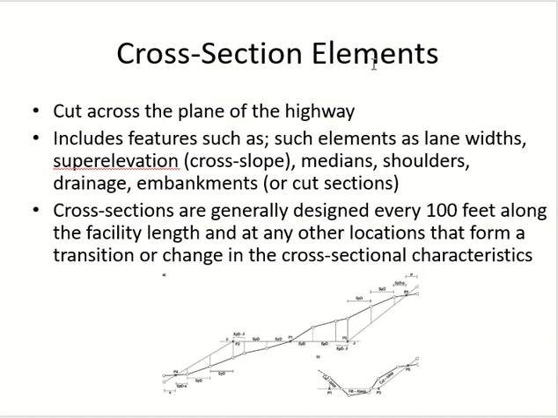Okay, they are same. But if there is a change in the alignment of the road or the design of the cross section, then wherever that change happens, you have to provide the cross section detail to the contractor. Okay, so you already have a cross section cut at 100 feet, but after 20 feet you have a curve now. So at the curve the road cross section will change.